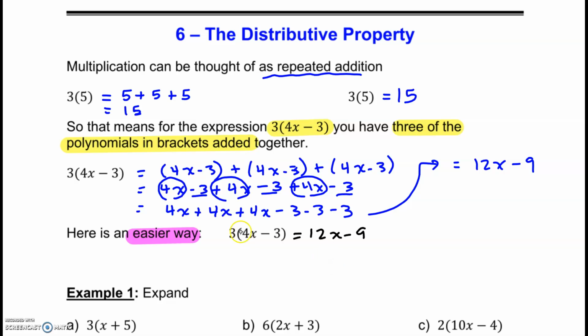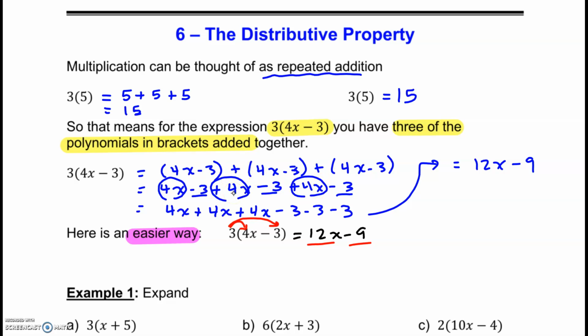If I multiply 3 times 4x, I get 12x. And if I multiply 3 times negative 3, I get negative 9. And that is the distributive property, when you are multiplying the number on the outside to everything on the inside. And can you see it is much easier than doing the repeated addition.